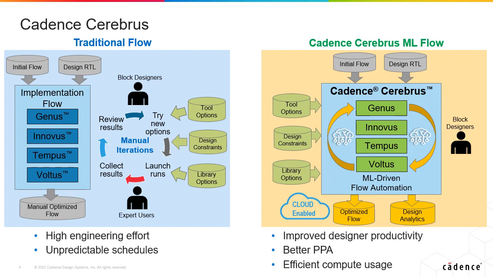The reinforcement machine learning based approach quickly converges on an optimized flow that meets the goals with very little engineer effort required, enabling designers to work on multiple projects. We have also found that machine learning can analyze large quantities of data, and by analyzing this data, it can find some solutions which a human engineer would naturally not try, resulting in a better PPA.